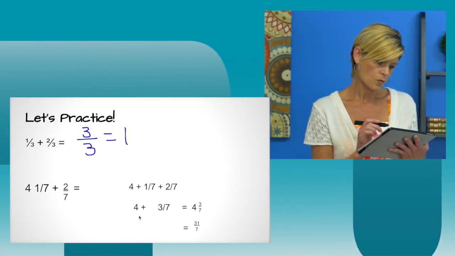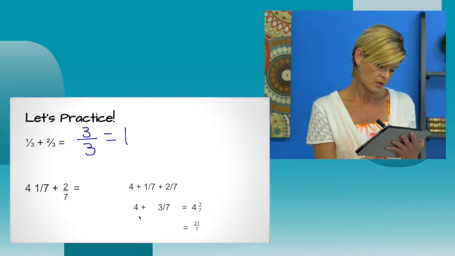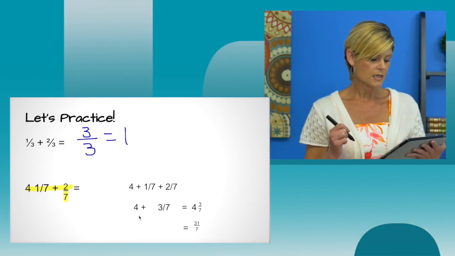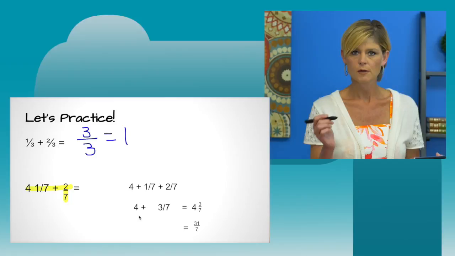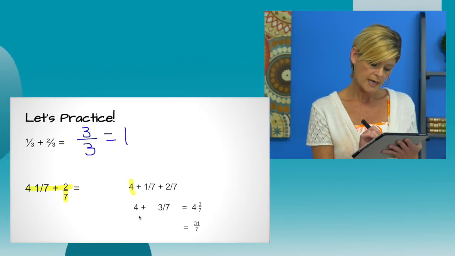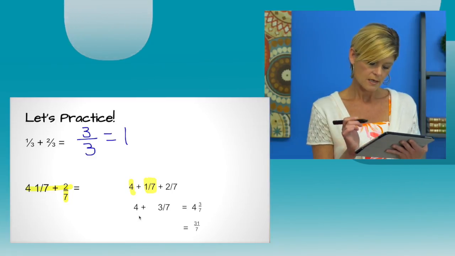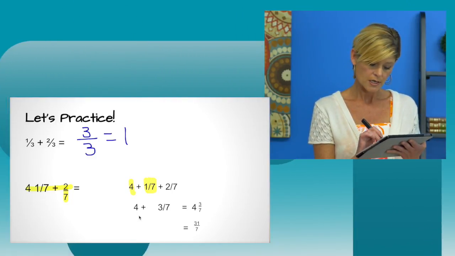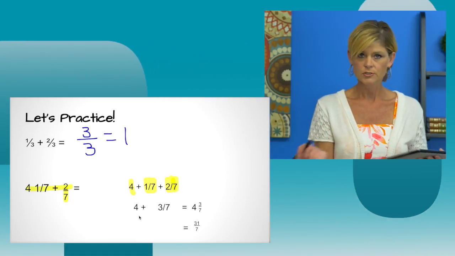Okay, let's look at this next problem. We have 4 and 1/7 plus 2/7. What you could do to make this problem simpler is break apart the whole number 4 and the 1/7, because 1/7 and 2/7 already have a common denominator, and the whole number 4 is good to go by itself.